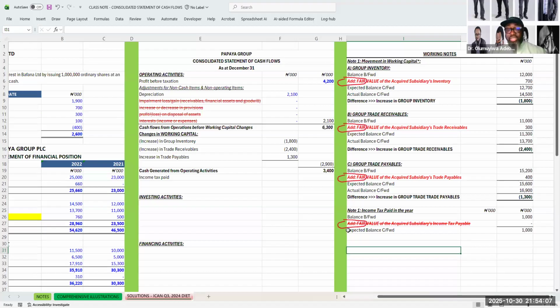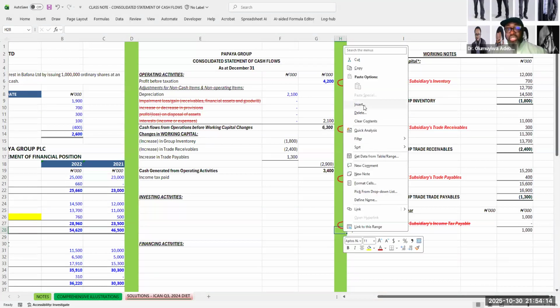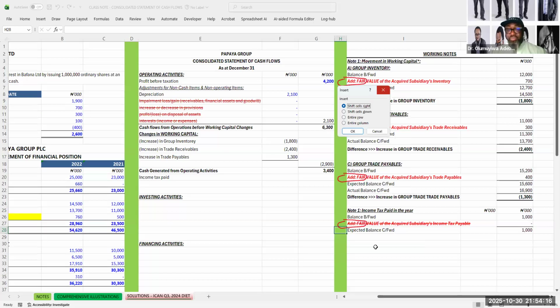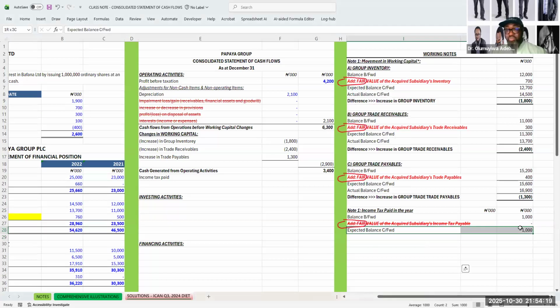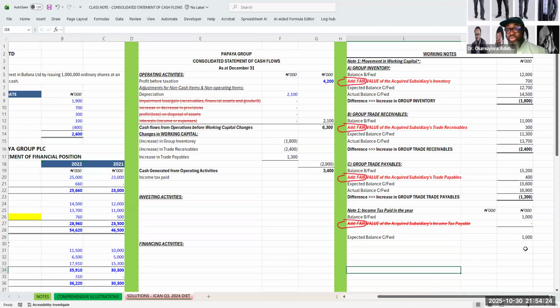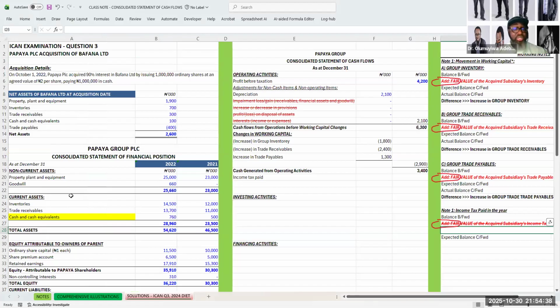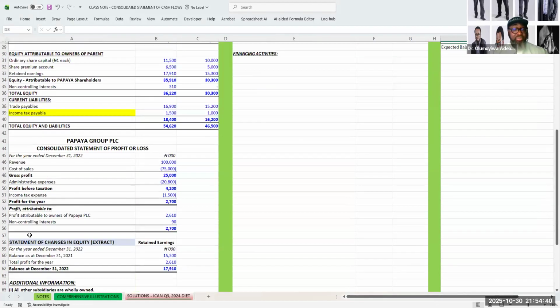Now, also in that year, was there profit in which tax was subjected to, or was there loss in which we had a credit? What I am trying to say is that in that year, was there any income tax expense that was charged? Let us go to our income statement.